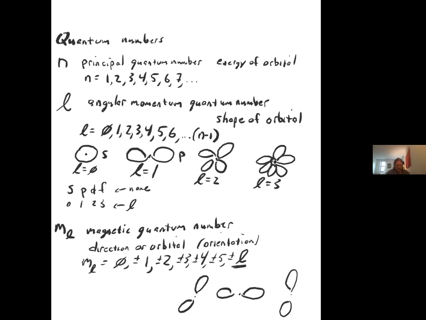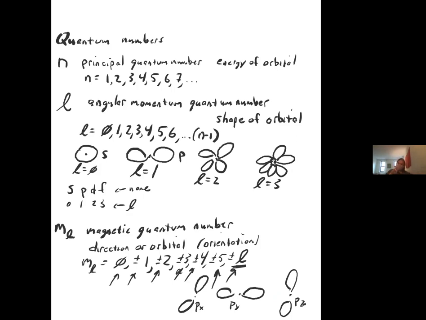So sometimes they're actually given names like px, py, and pz to indicate that they're in different directions. So the value of M sub L is telling you something about the direction. The more possible values you have for M sub L, the more directions that are possible. So as L goes up, the possible directions goes up.